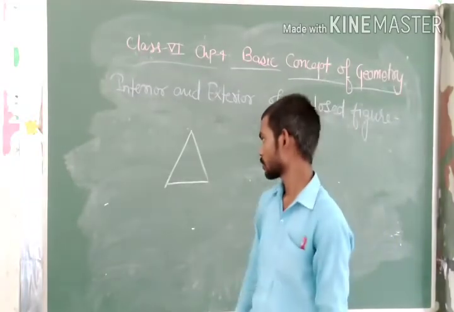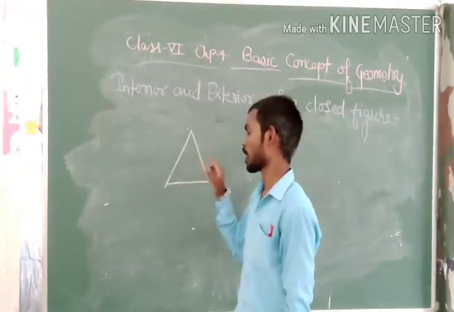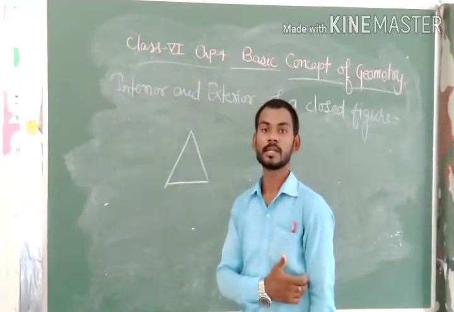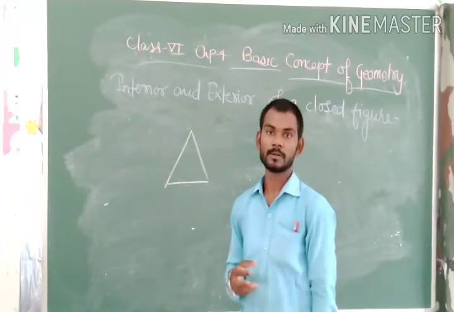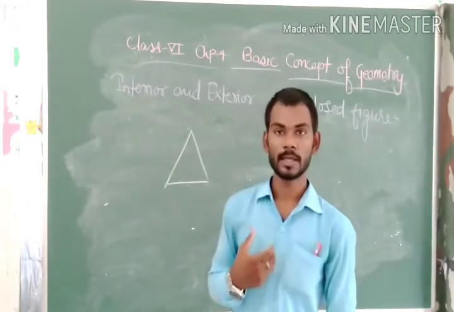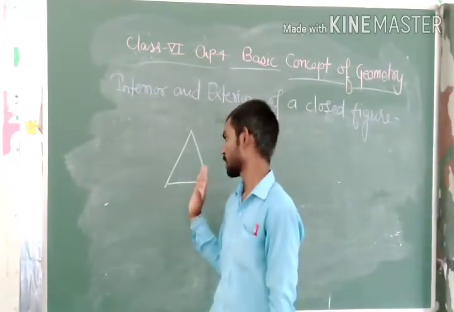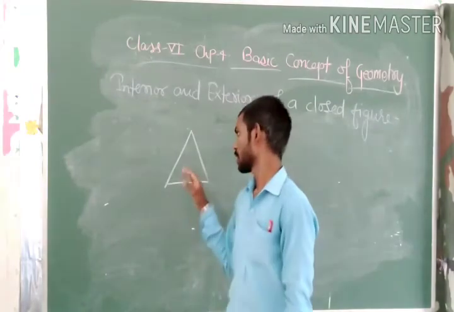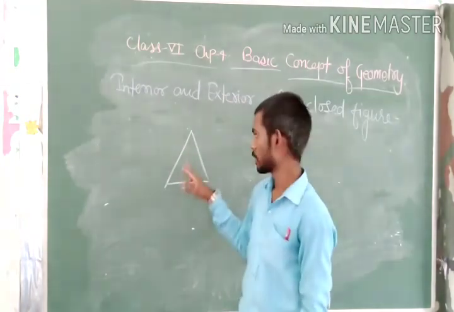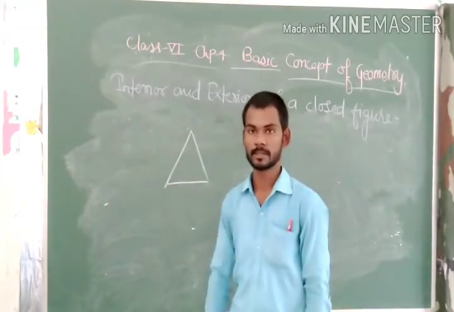And we also know that the line segment of a polygon is called its side or edge. In the adjacent figure we can see that it has three sides, three vertices and three angles.